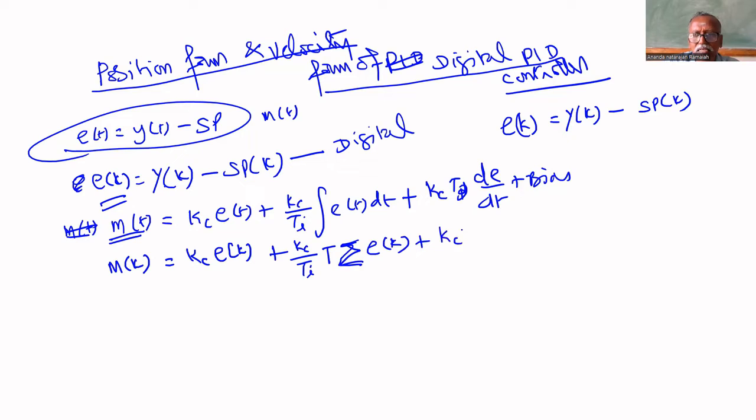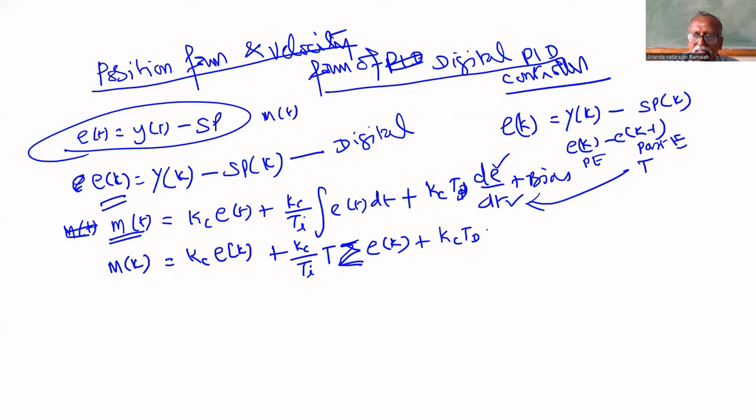Plus Kc Td. d by dt means change in error per unit time. Let us approximate dt as the sampling period. d means change in error, that is E of k minus E of k minus 1: present error minus past error. The difference between the two is the change in error, dE by dt.